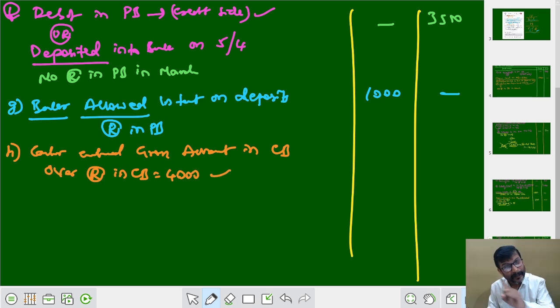It is not 1 lakh, my dear kids. It is not 96,000. It is only 4000 we have to do the BRS. Because the customer paid a check to us of 96,000 and it is entered in passbook as 96,000, but the cashier erroneously entered the gross amount, 1 lakh rupees, in the bank column of the cash book.